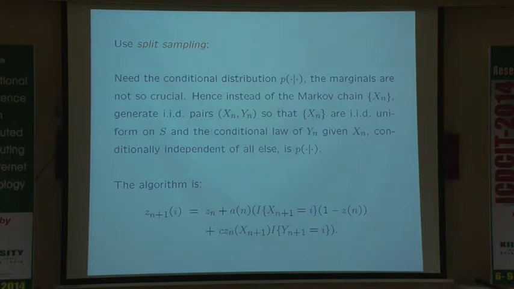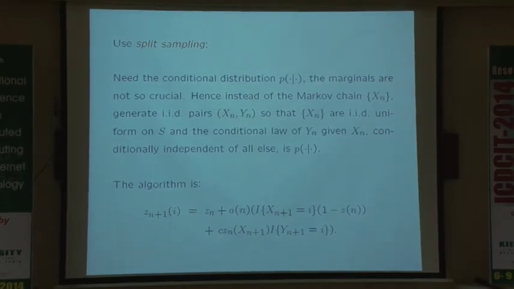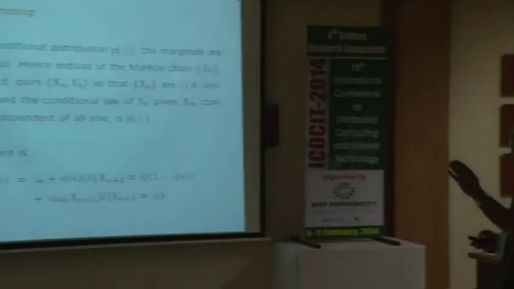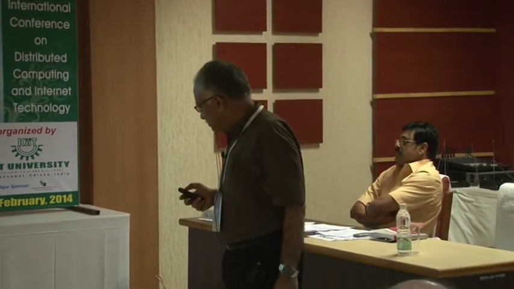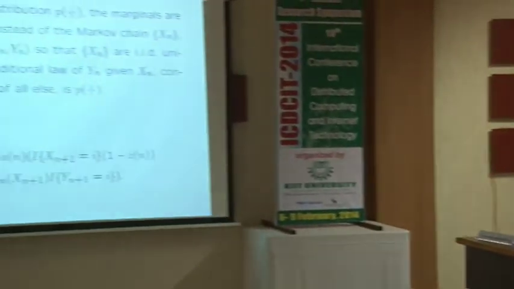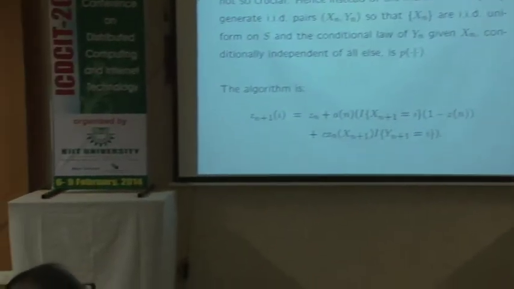I am interested only in the transition probabilities. In fact, the fact that xn gets distributed according to pi asymptotically is usually a nuisance, which you have to work around. So what I do instead here is generate pairs. I don't run a Markov chain.